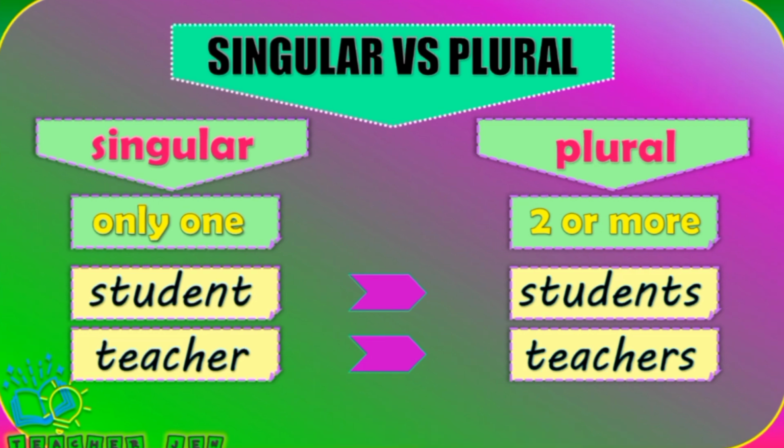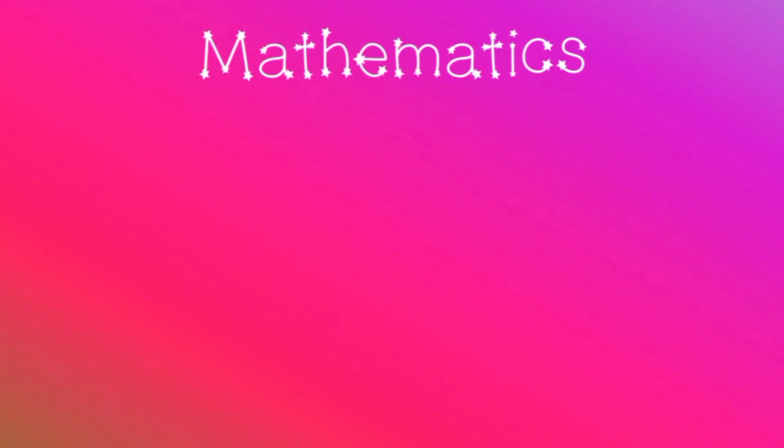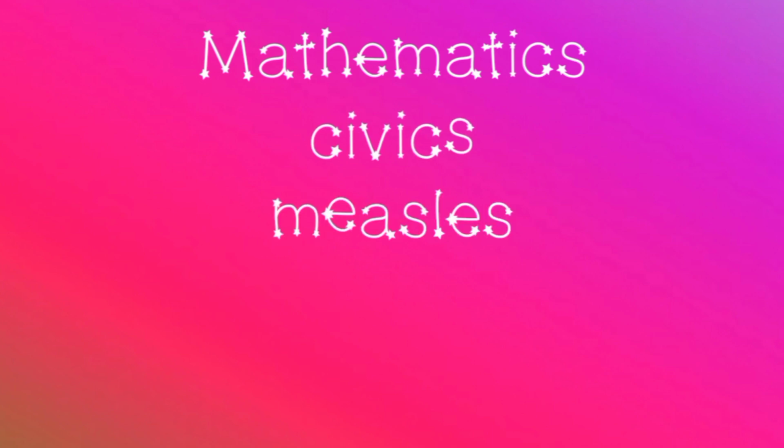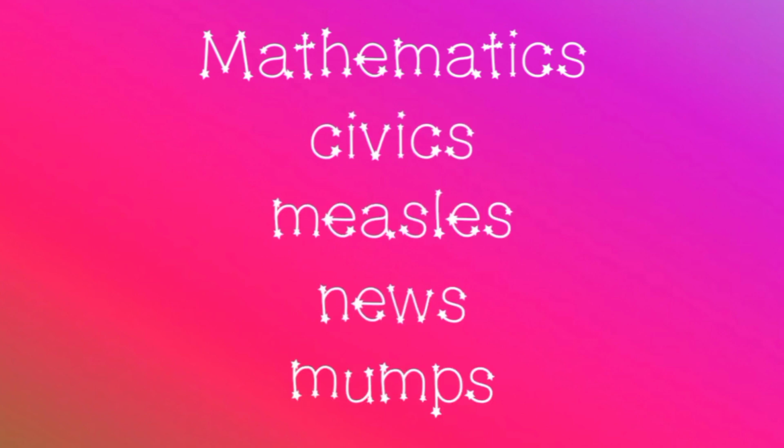A singular noun does not end in s, while the plural noun ends in s. But remember that this is not always the case, because some nouns end in s even though they are considered singular. For example, the words mathematics, civics, missiles, news, and mumps are singular.